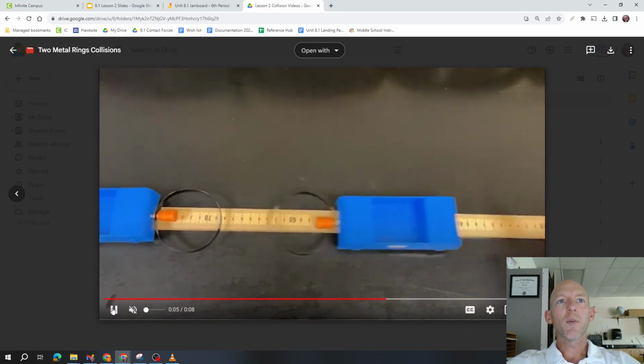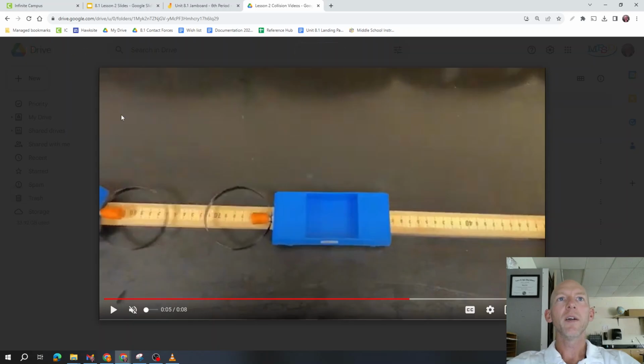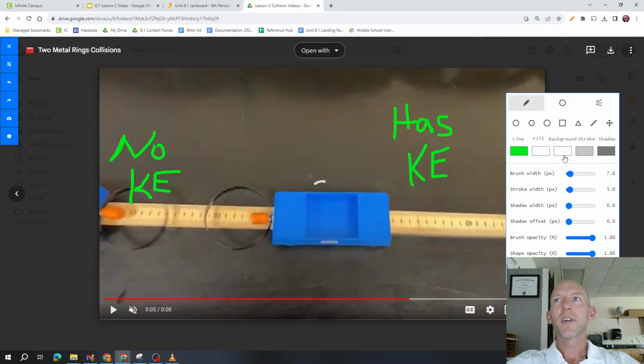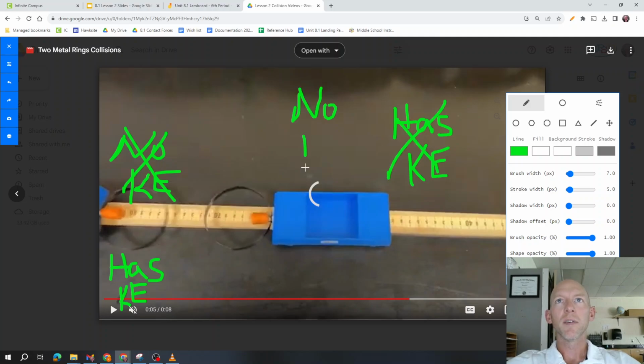So the fact that the one on the left starts moving means it now has kinetic energy. So now after the collision, it has kinetic energy. The one on the right after the collision stopped, so it now has no kinetic energy.